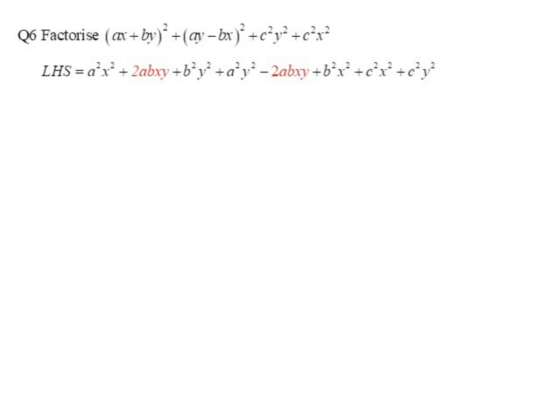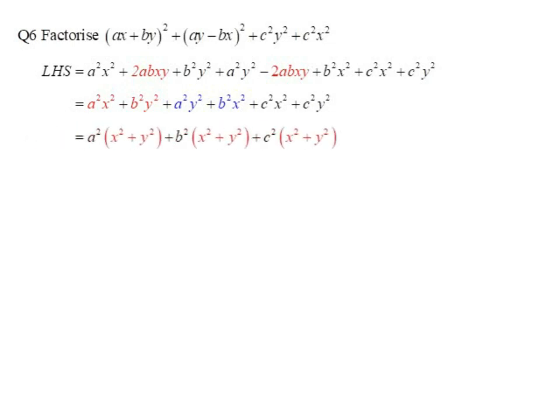They are shown in red here. So we expand these two perfect squares and proceed to regroup them to find there is a common factor, which is x² + y². They are shown in red here. After taking out this common factor, the factorization is completed.